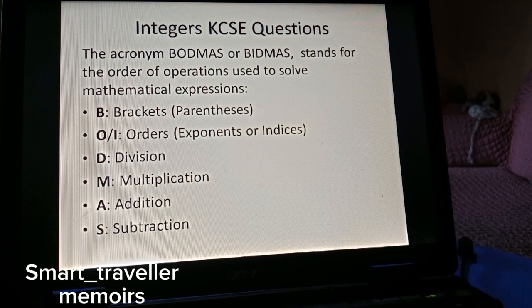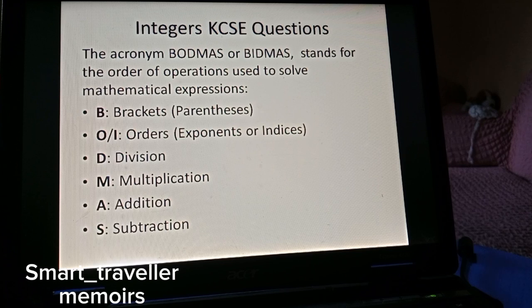B stands for brackets, and the other name of bracket is parenthesis. O/I stands for orders, and the orders here are exponents or indices.